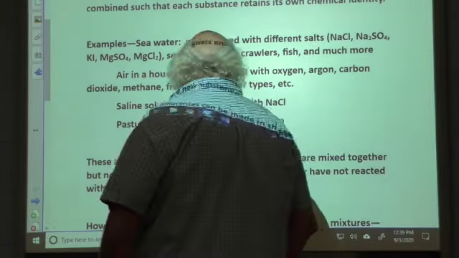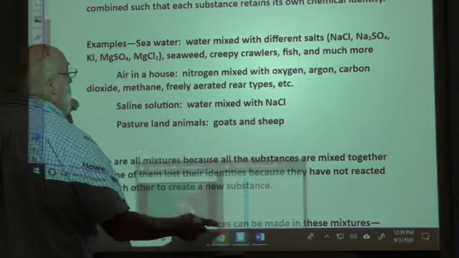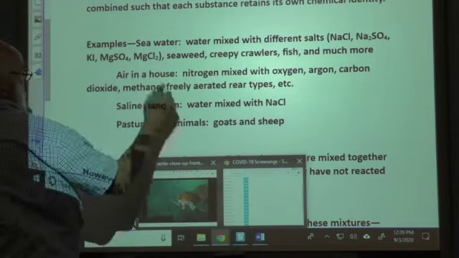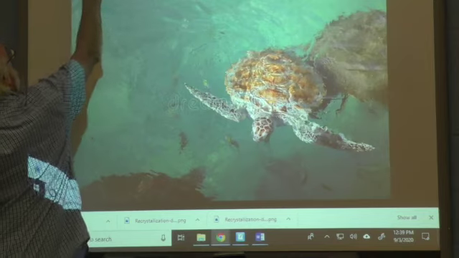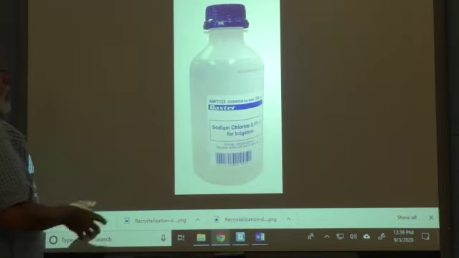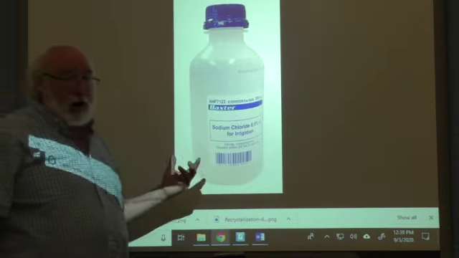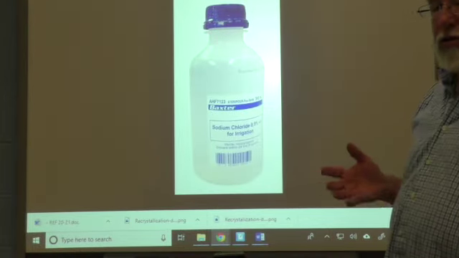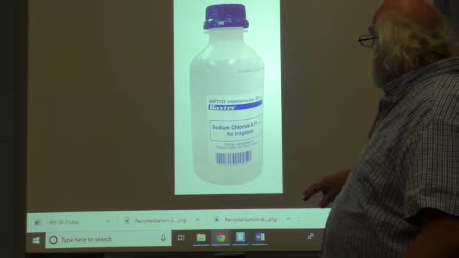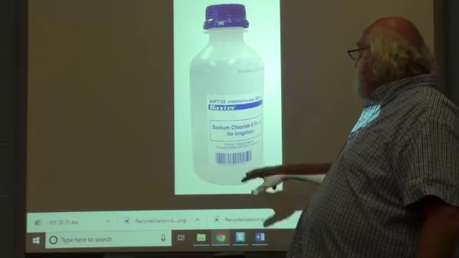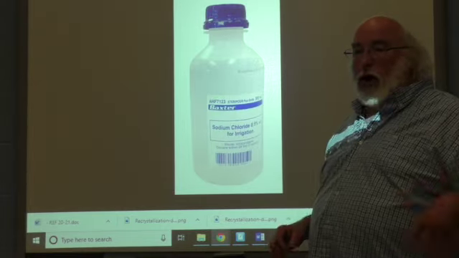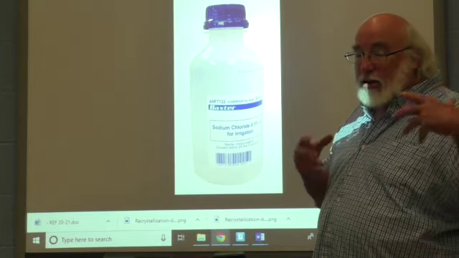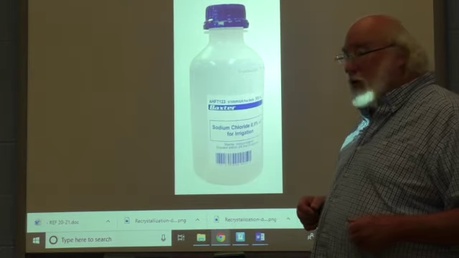Another one is the saline solution. For those who have contacts, you are probably pretty familiar with saline solution, but saline means salt. And a saline solution is sodium chloride dissolved in water with a little extra something added to kill bacteria.